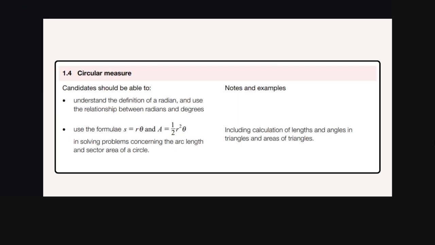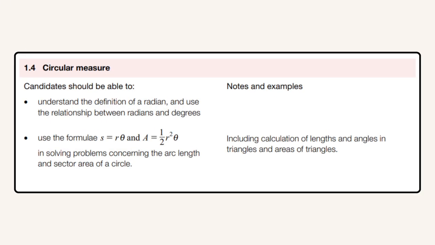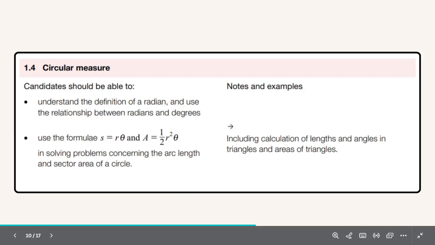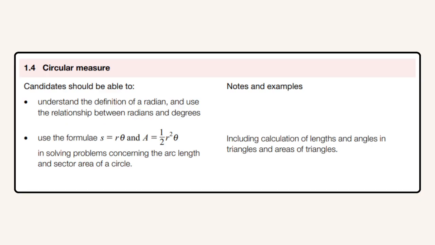Right, so first of all, you need to know the definition of a radian. A radian is basically a ratio between your arc length and the radius. You can derive the definition of a radian using this formula over here, which is s is equal to r theta. s is your arc length of the circle, r is the radius of your circle, and theta is the angle formed in that circle, or the angle formed in a sector.